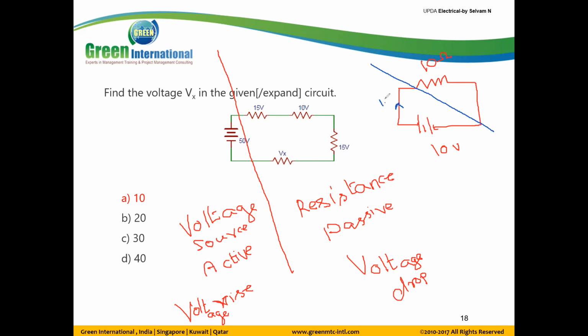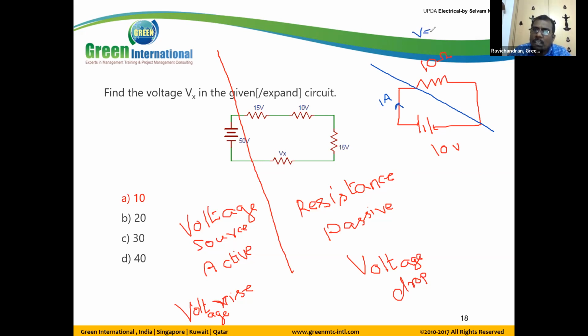Applied voltage is 10 volts. What is the voltage drop? The voltage drop is also 10 volts. How to find the voltage drop? Voltage drop V is equal to I into R.